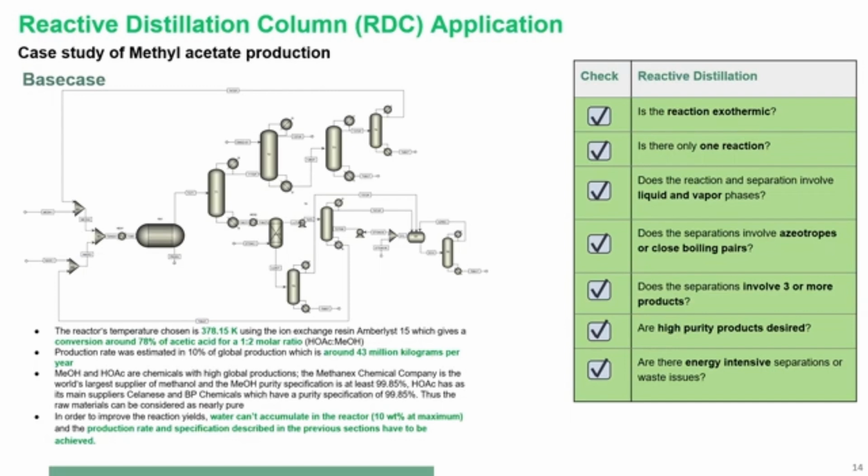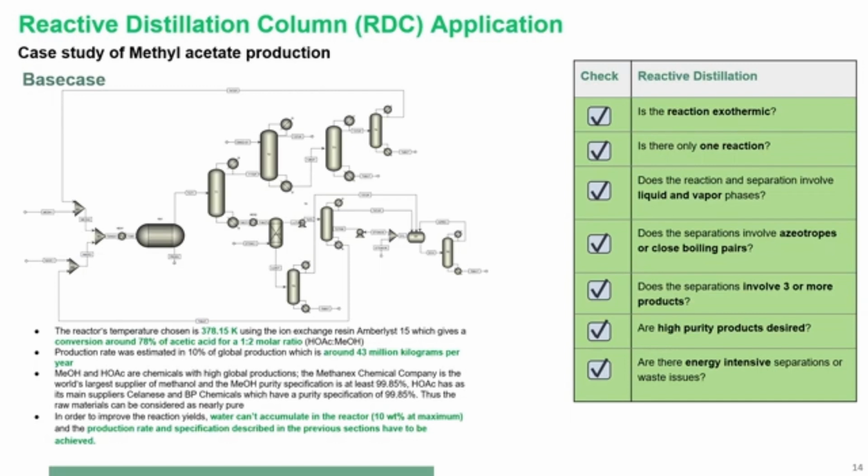For the reaction part, acetic acid is reacted with methanol to produce methyl acetate and water. After the reaction, the products and unreacted reactants go to the separation part to separate the reactants and the products. Since the target purity of the products for this process is very high, a large amount of energy is required for the separation part. Also, the process requires too many separation steps.